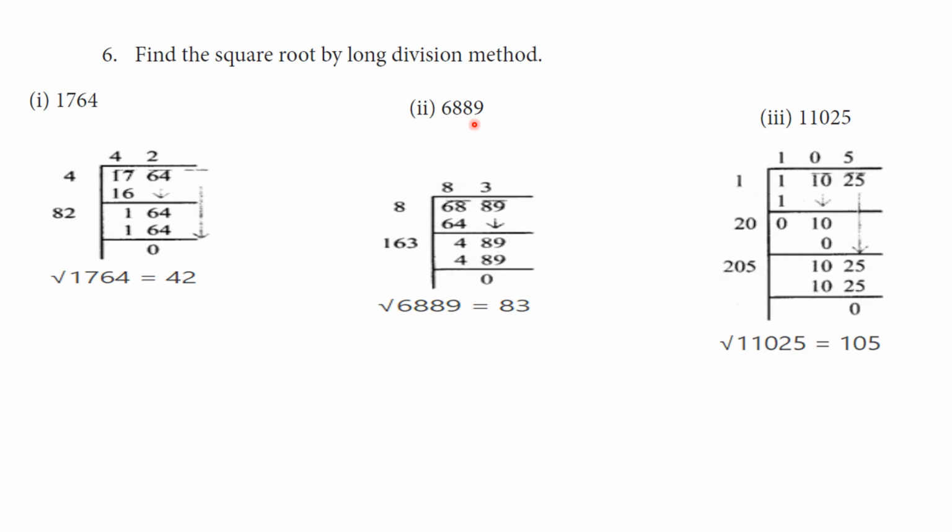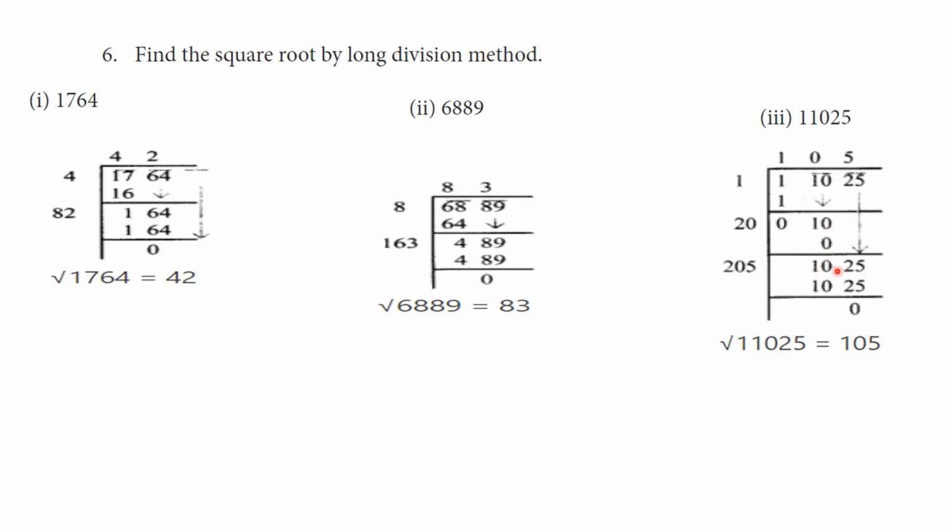Next, 11,025. From right to left, separate into 25, 10, 1. 1 1 is 1, carry down 10. 1 into 2 is 2, but here compare with the number; it is small, so you put 0. So 10 minus 0 is again 10, and carry down 25.